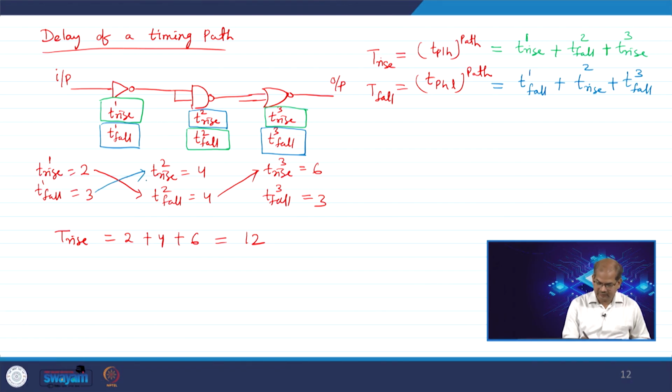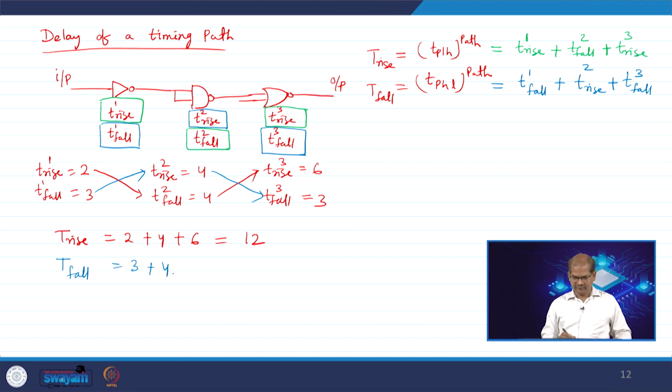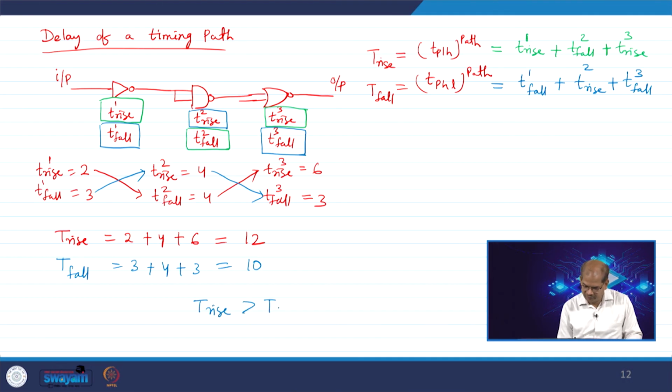Correct. So, T fall of the path is basically 3 plus 4 plus 3, which is 10. Okay. So, your rise delay T rise is greater than your T fall. So, your rise propagation of this path is greater. So, the rise path is critical compared to the fall path.